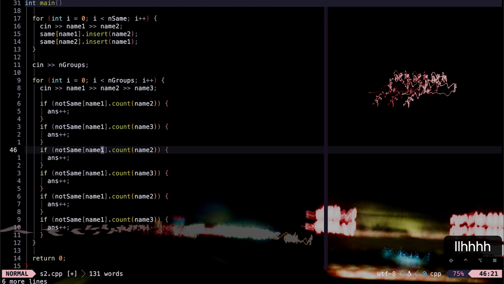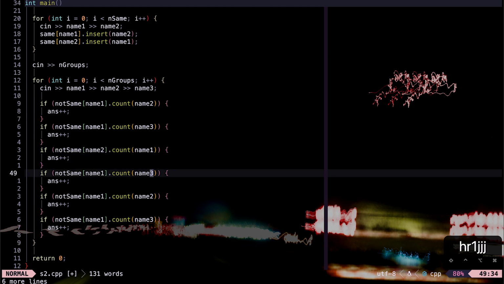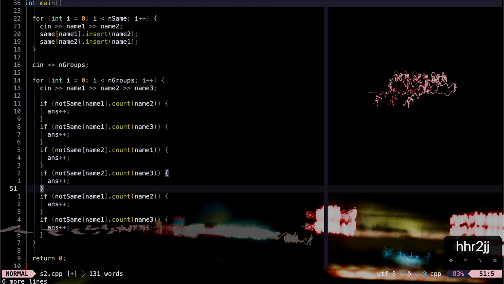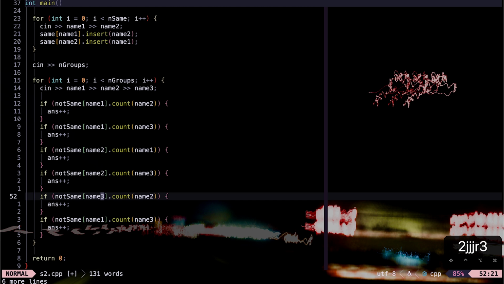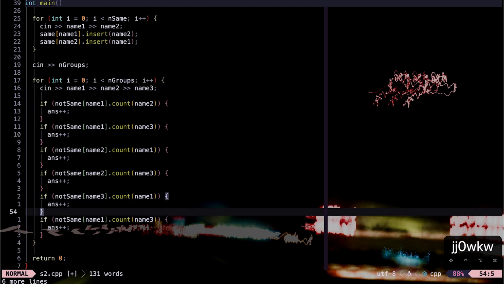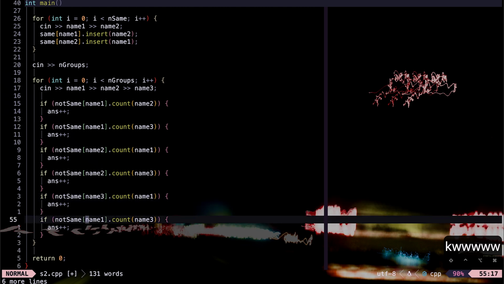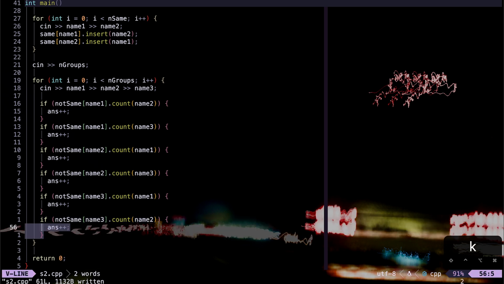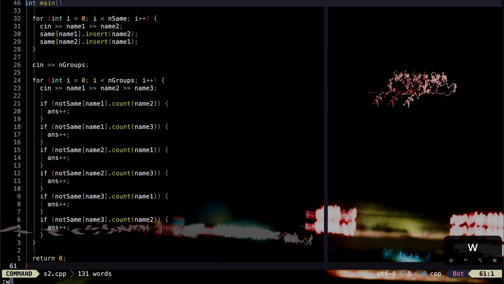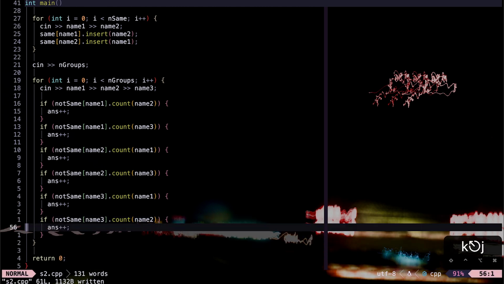And I guess we'll have this. It's not the nicest code. We'll have it work like this as well. And for number 3, we'll check if it contains 1 and 2. And so that's for not the same.